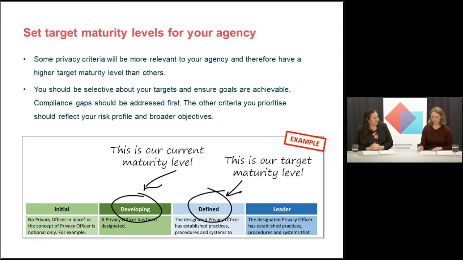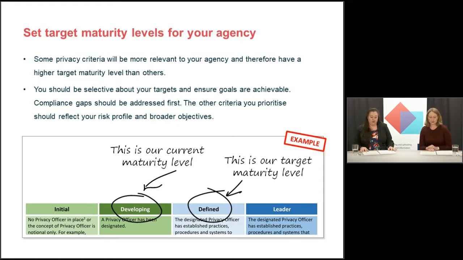The PMP tool will flag where a low level of maturity is likely to indicate a compliance gap. By addressing these risks as a priority, you can minimise or eliminate your agency's exposure to privacy incidents and non-compliance with the Act.